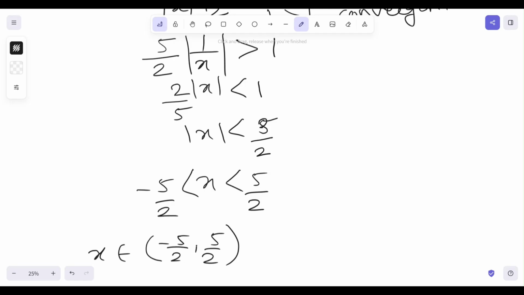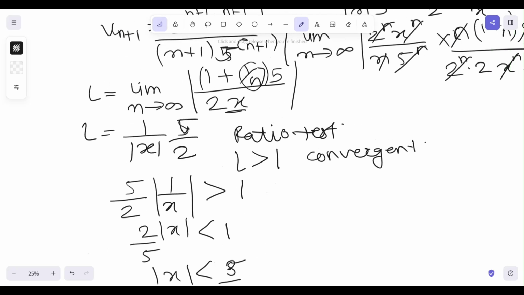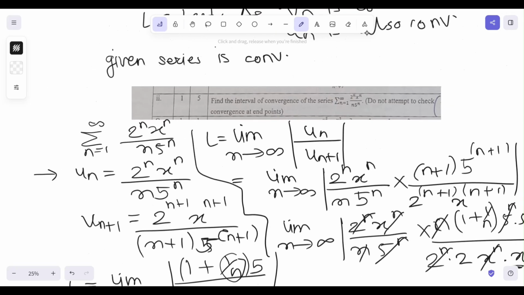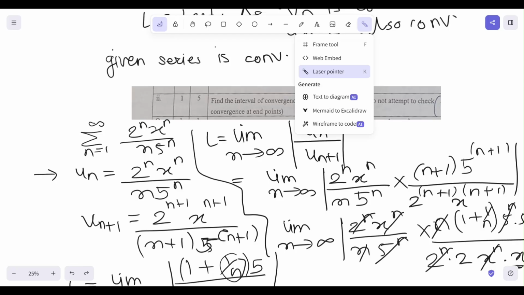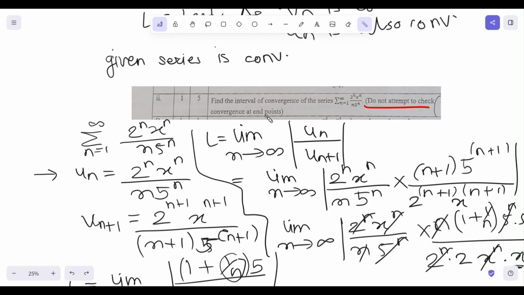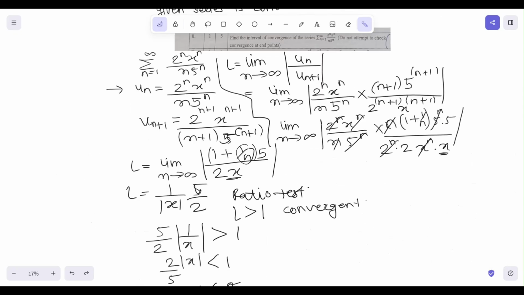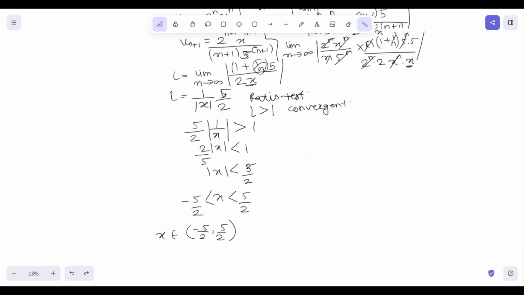Here if you see the question, it is specifically mentioned that you don't have to check the endpoints. But if they have not mentioned that you don't have to check the endpoints, what you have to do is that these are the points you have got.